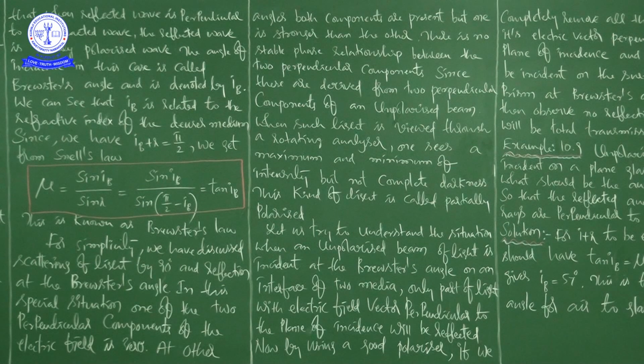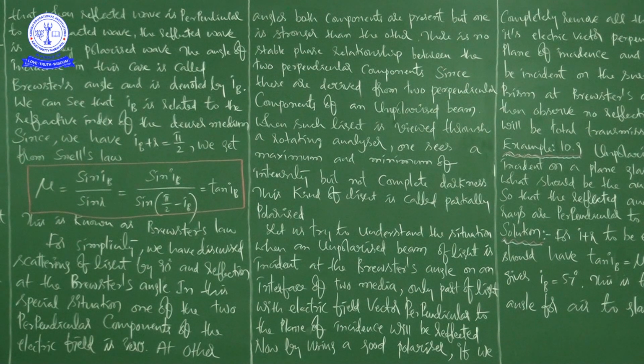Next, when such light is viewed through a rotating analyzer, as an experiment, whether reflected, refracted or scattered light, one sees a maximum and a minimum of intensity, but not complete darkness.